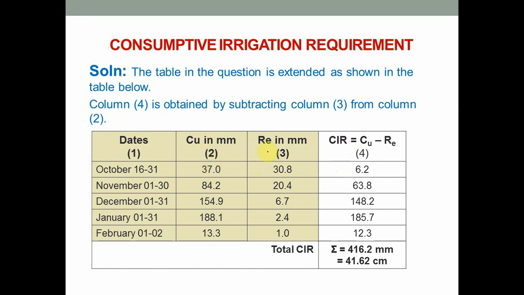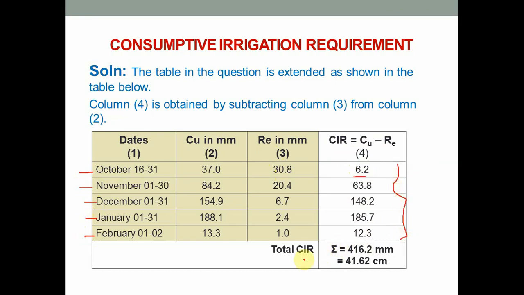Out of 37 millimeter, the requirement met by effective rainfall is 30.8. So the irrigation water required is 6.2 millimeter for the month of October. Similarly, we will calculate for the months of November, December, January and February. So this is the consumptive irrigation requirement for each month.